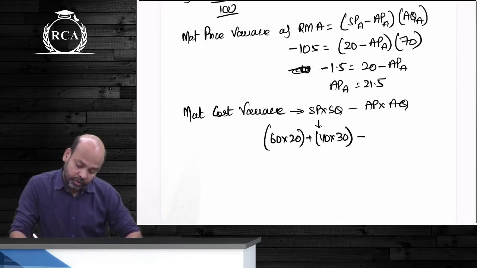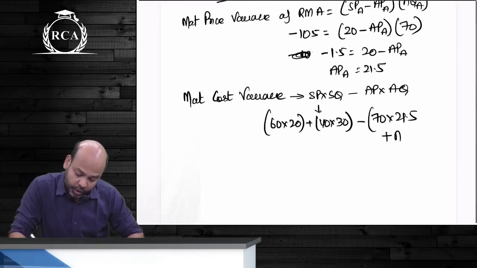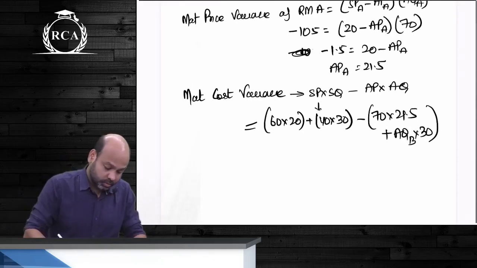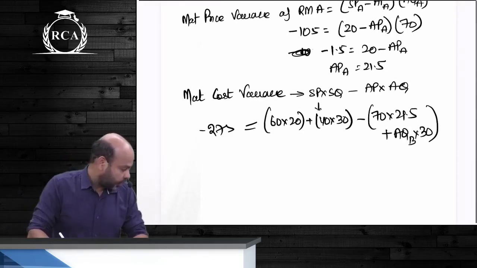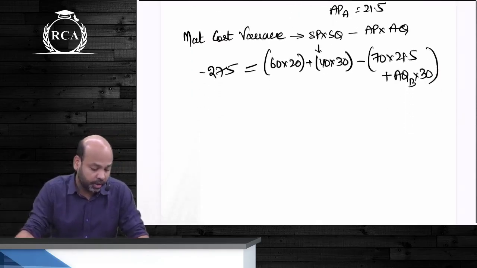Actual price into actual quantity: raw material A it is 70 into 21.5. For raw material B, I do not know the actual quantity, but I do know the actual price is 30. All of this is equal to how much? Negative 275. You're supposed to use this relation and get the actual quantity of raw material B.